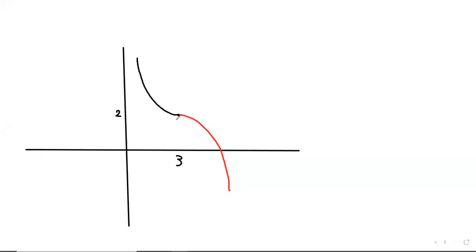Let's look at this graph here. Discuss continuity here at x equals 3. So f of 3 equals 2, and from the right, you will hit the curve at 2, and from the left, just less than 3 by a little bit, you will also hit 2.